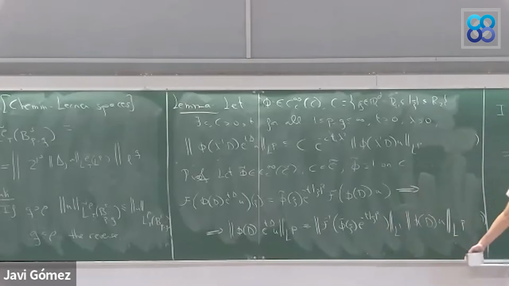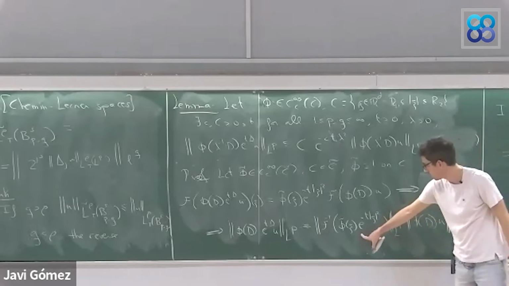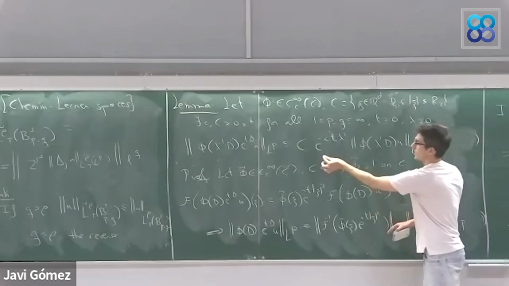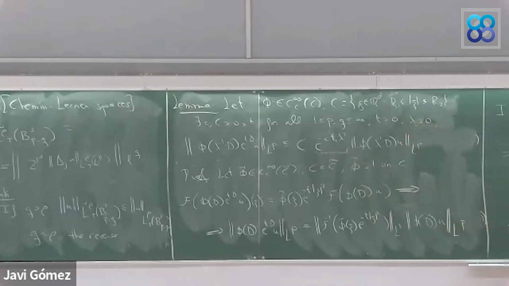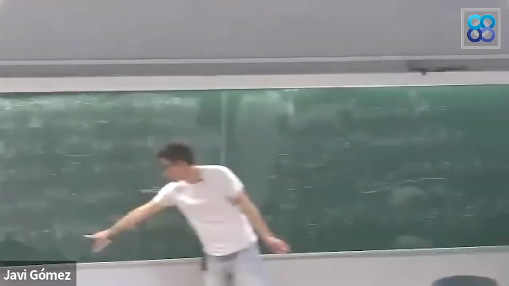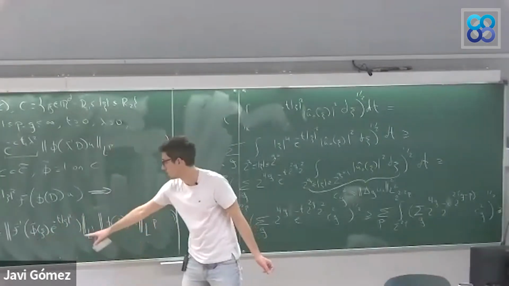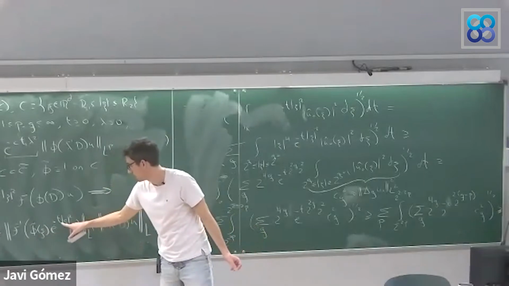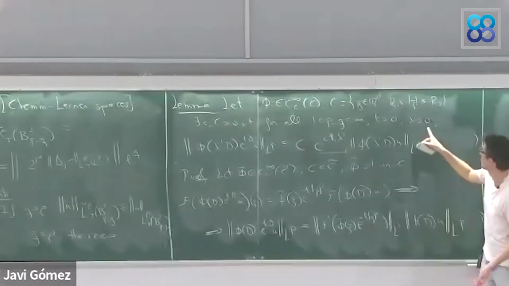So the only point remaining is to show that the L1 norm of this kernel is bounded by an exponential. And the point, of course, is that we have here this supported on an annulus. So on this annulus, G is just comparable to a constant.